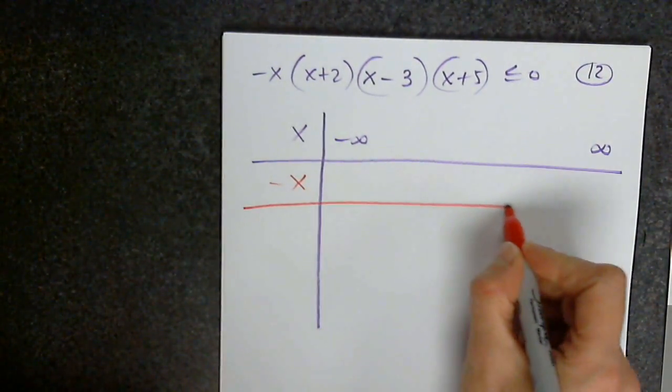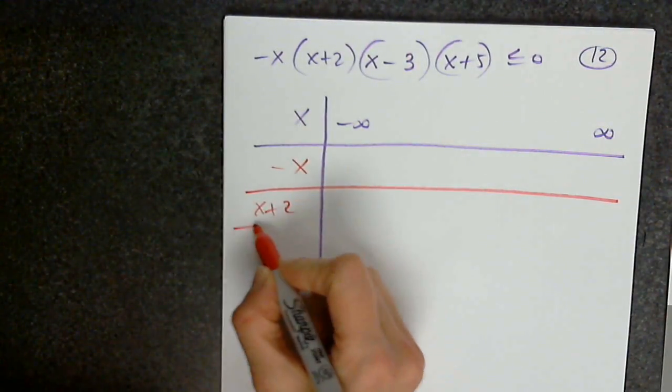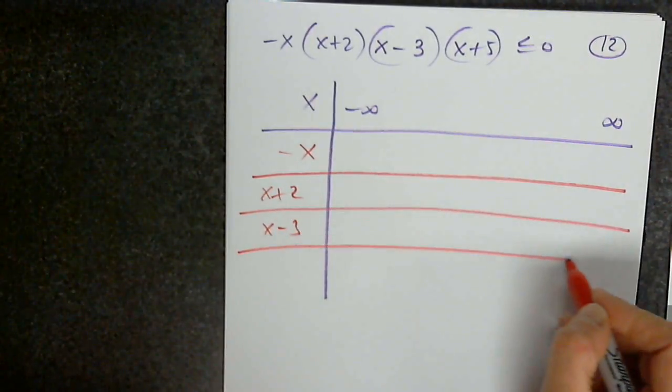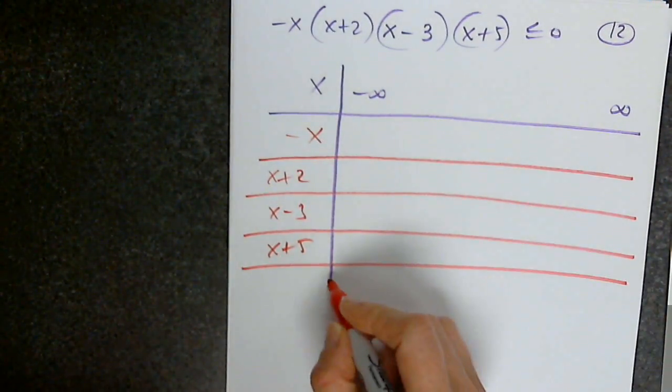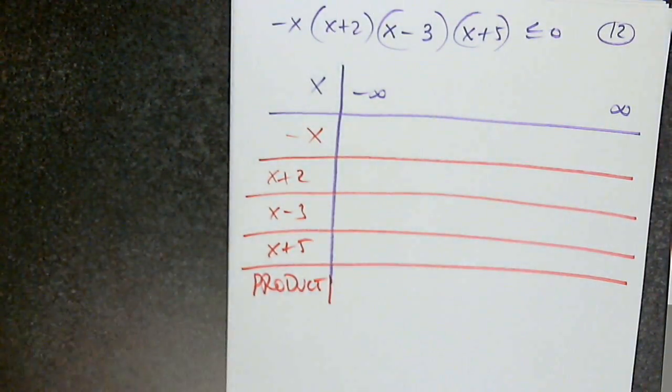Negative x, then x plus 2, x minus 3, x plus 5. Indeed, because I have no more room. Awesome. Now what do we put in the chart at the top? Exactly, where each and every one of them is 0.